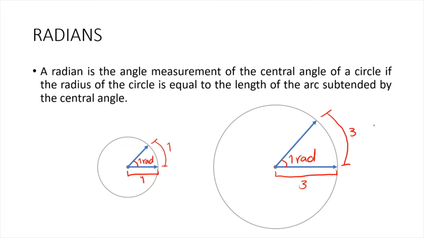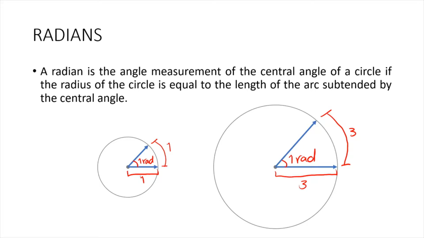So again, if the length of the subtended arc is equal to the radius of the circle, then the central angle or the subtended angle is measured to be 1 radian.